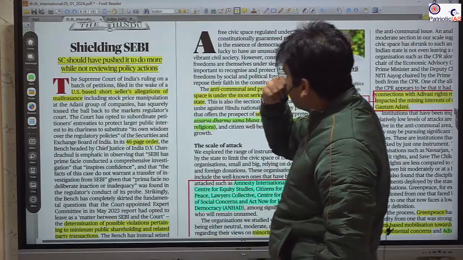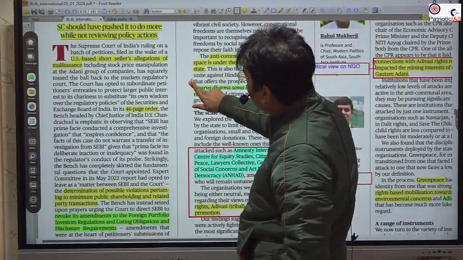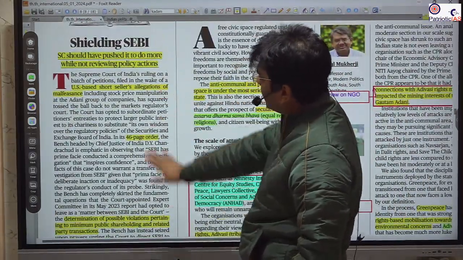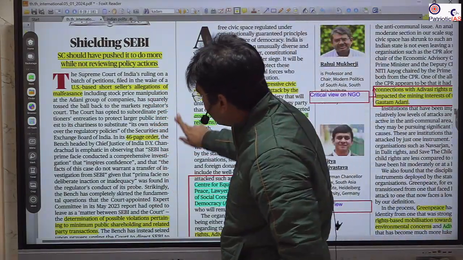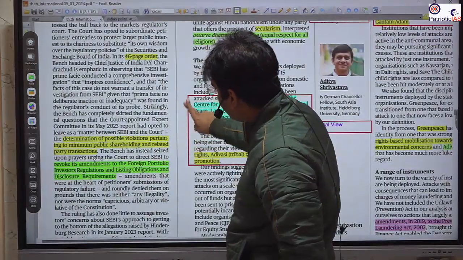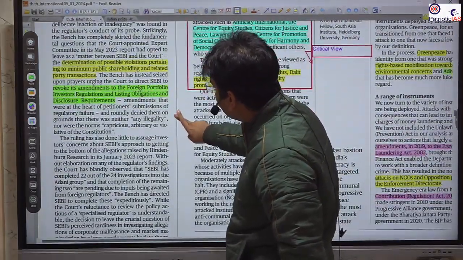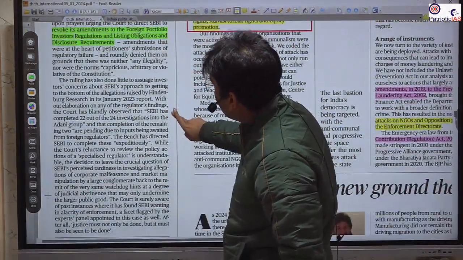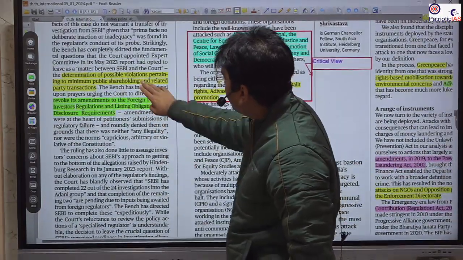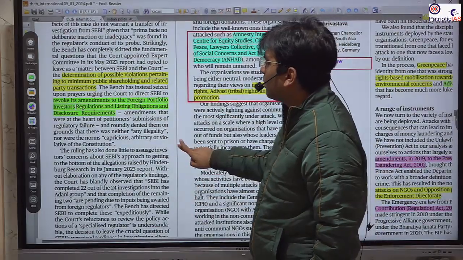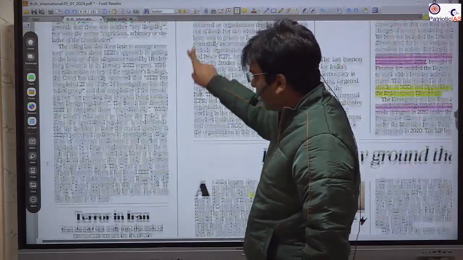Now, let's see what is on the editorial page. This is again with respect to the Adani Group, the Hindenburg report and the Supreme Court observation. This is not that relevant. It has just been mentioned what the main cause was, particularly violation pertaining to minimum public shareholding and related party transactions. That was the main issue.